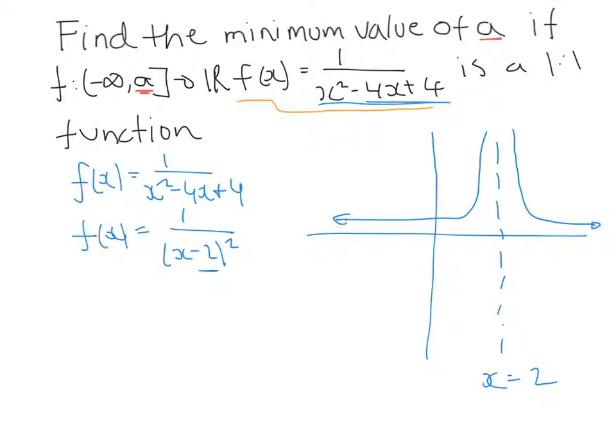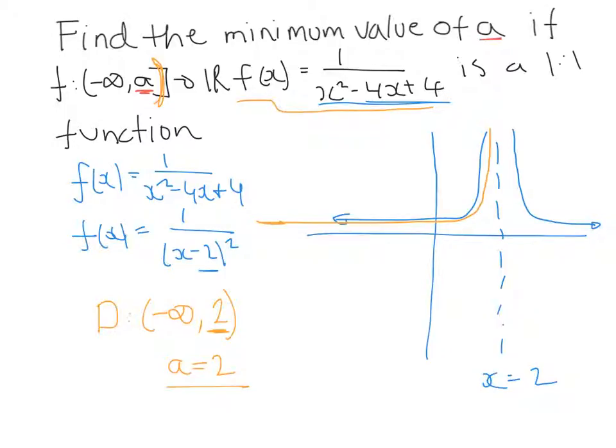So now we want the part of this from negative infinity up to a maximum value. I probably should have had a round bracket there. So the domain should be from negative infinity up to 2. Okay, so the maximum value a could be is 2.